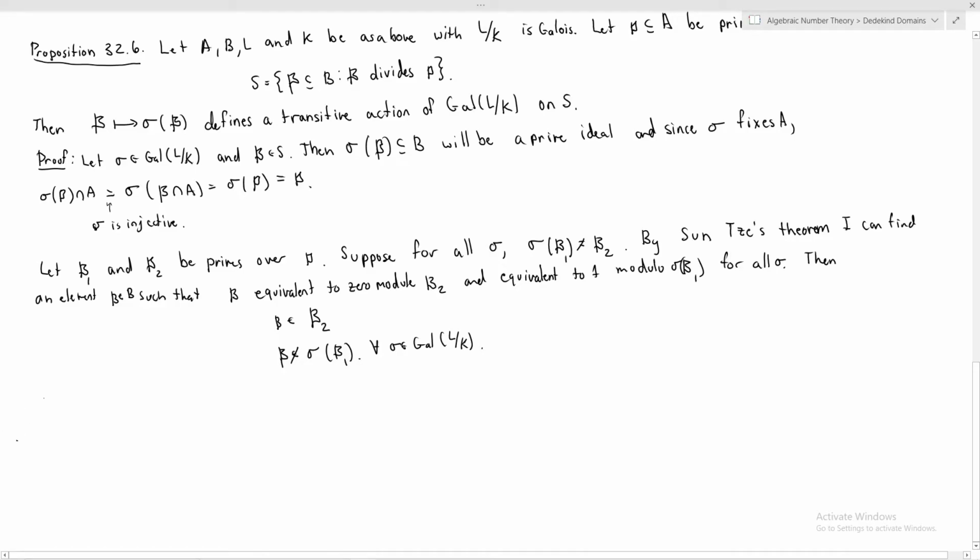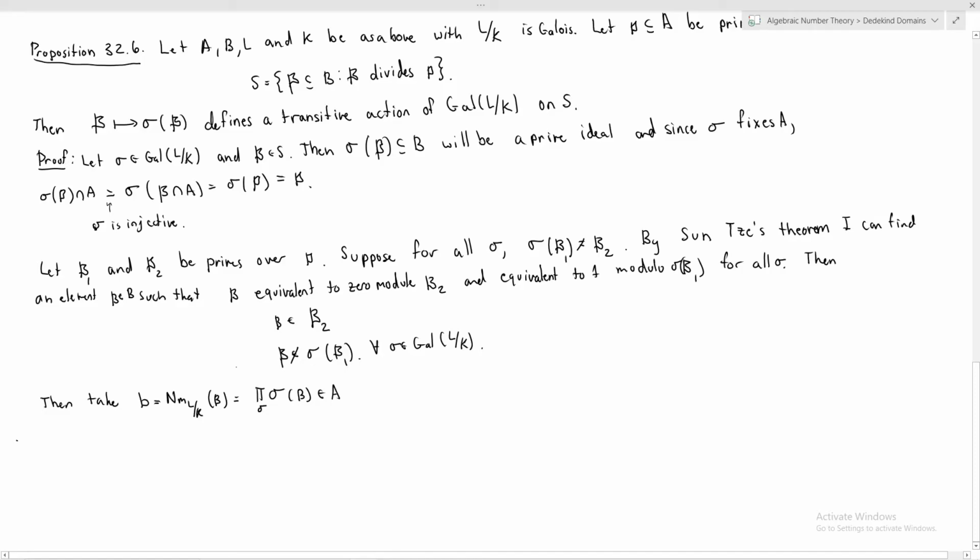Then take little b to be the norm of this beta in A. Okay, this is the product over all the Galois conjugates of beta.